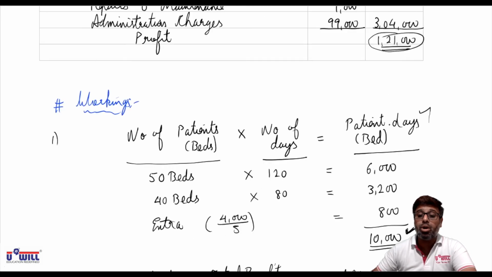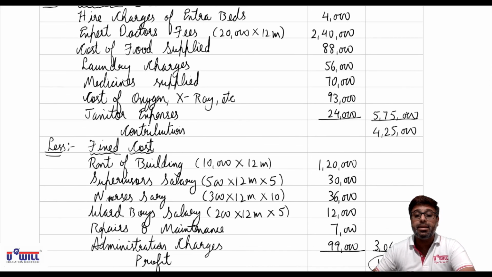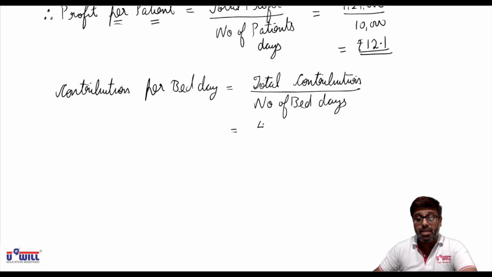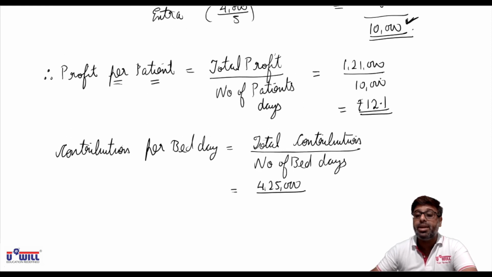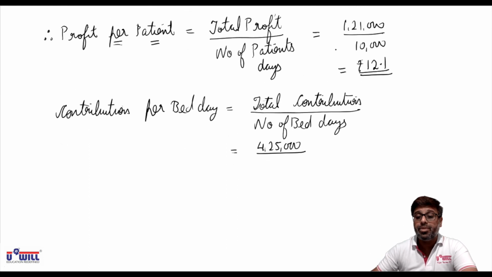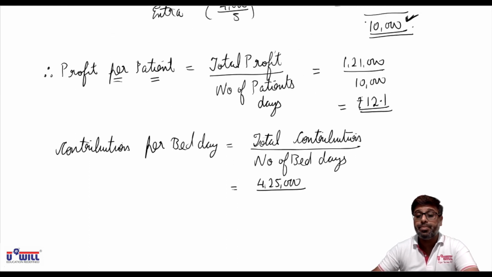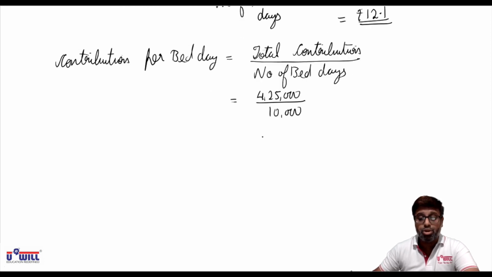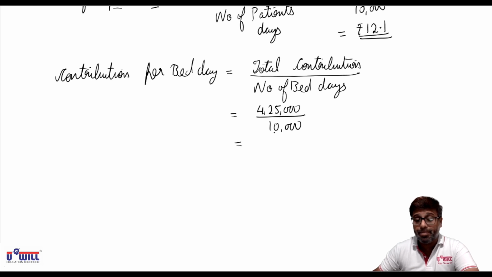What is the total contribution we obtained? 4,25,000, divided by the number of bed days or patient days, 10,000. So 4,25,000 divided by 10,000, the contribution per bed day or patient day, is 42.5.